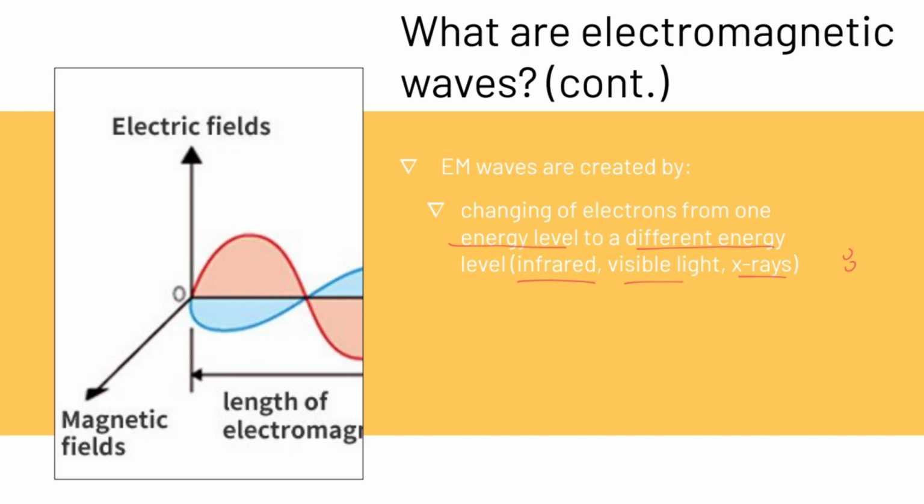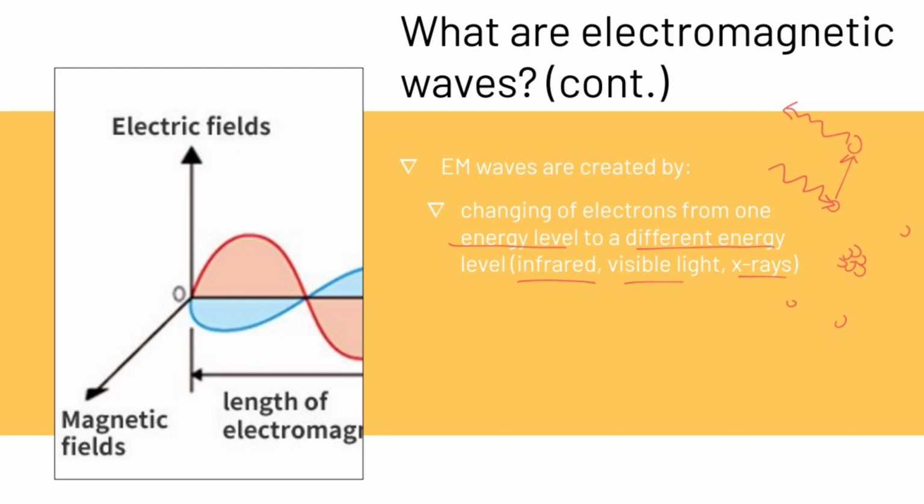So if we have the nucleus of an atom, and then we have electrons out here floating around, if a photon of light strikes an electron with just the right amount of energy, that electron moves up to a higher energy level. And when that electron loses that higher energy, it emits a photon of light with that same exact amount of energy that it gained when it was excited to that higher level.